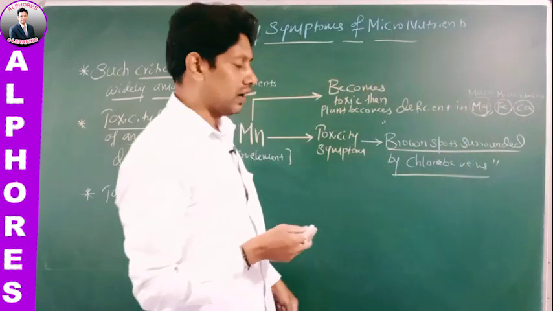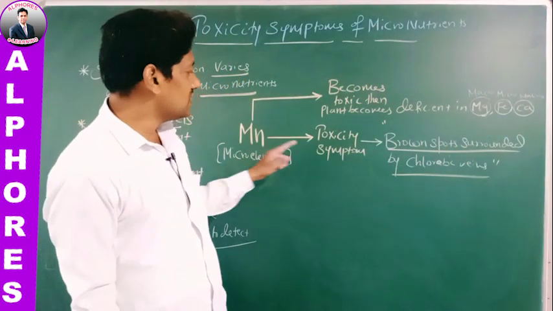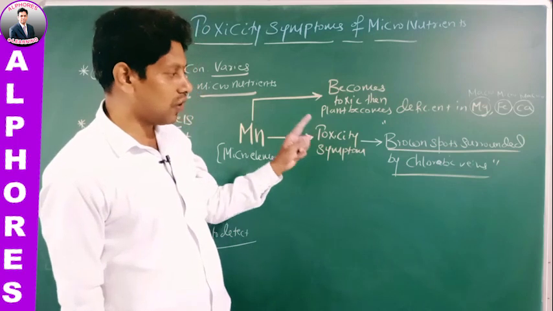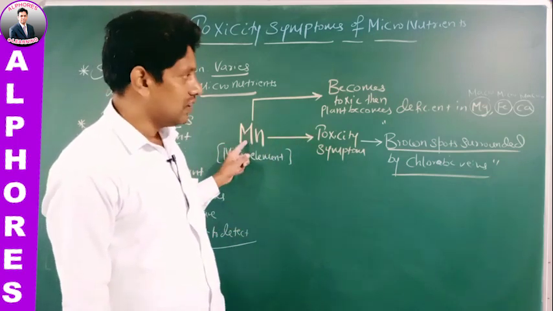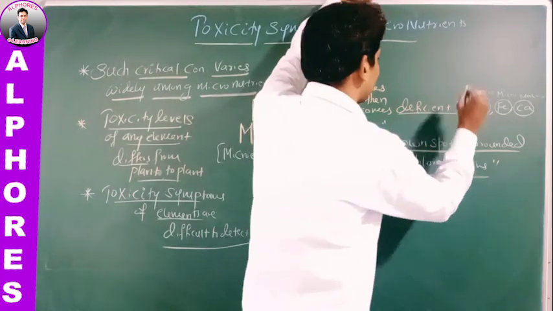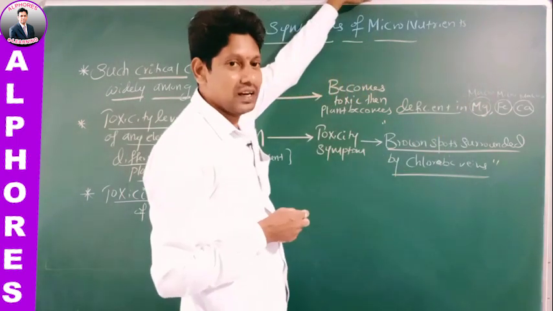Yes or no? Now you tell me, what is the toxicity symptom of manganese, sir? Brown spots surrounded by chlorotic veins. If manganese is becoming toxic, the plant is becoming deficient in magnesium, iron and calcium.